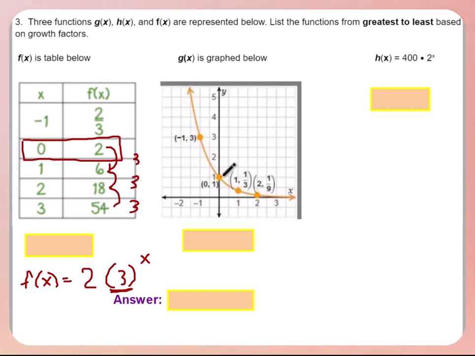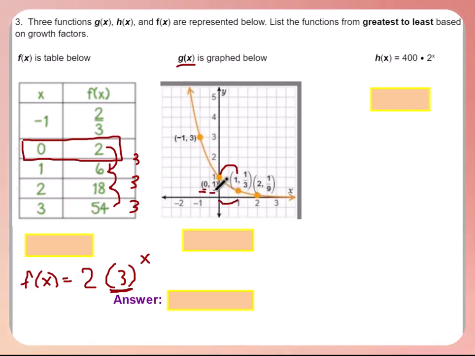So now let's look at the graph for g of x. Okay, we still have 2 numbers, an x and a y. We know what x is when x is 0, we know what y is. That's 0, 1. So we can put these numbers in a table, or we can say we're going from 0 to 1, so we're moving in 1 increment of time.